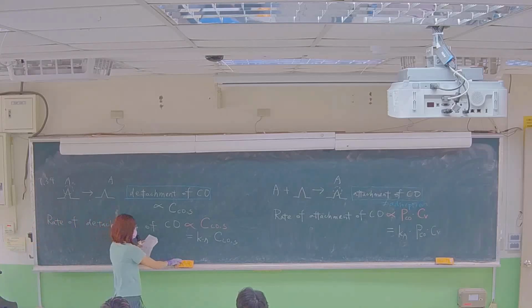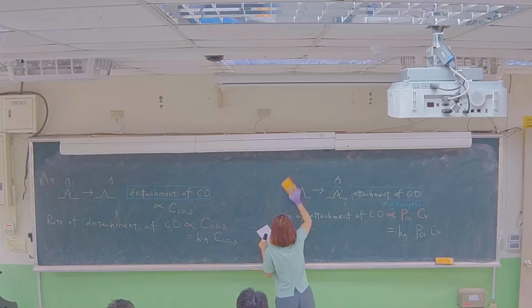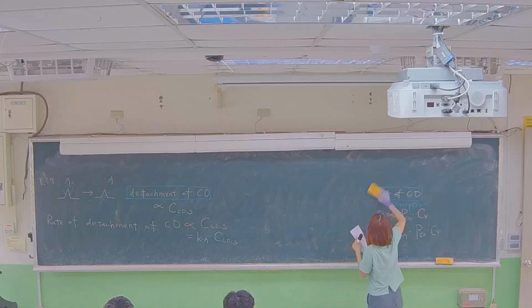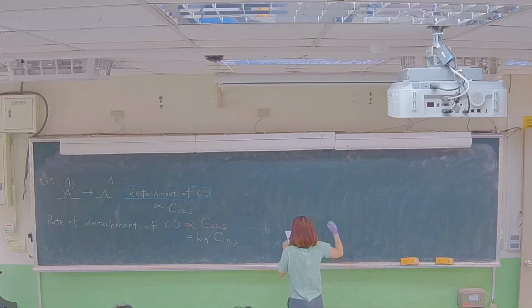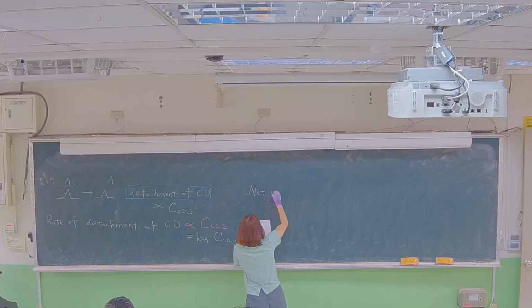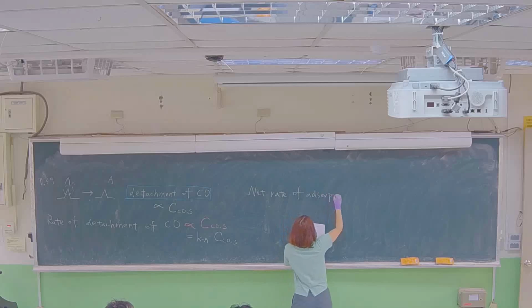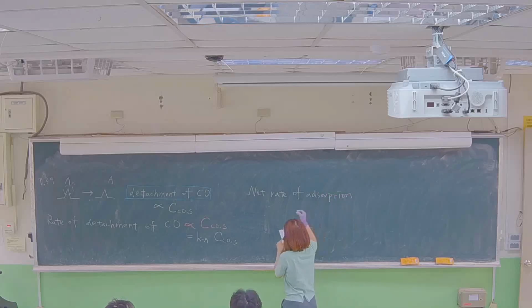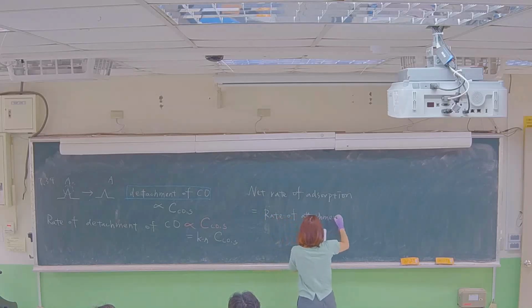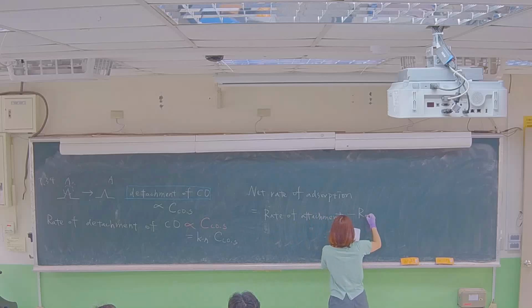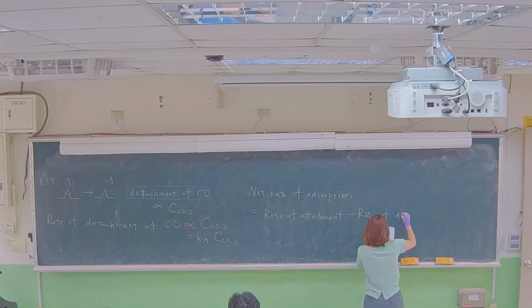Next, net rate of adsorption. It should be attachment minus detachment, so rate of attachment minus rate of detachment.